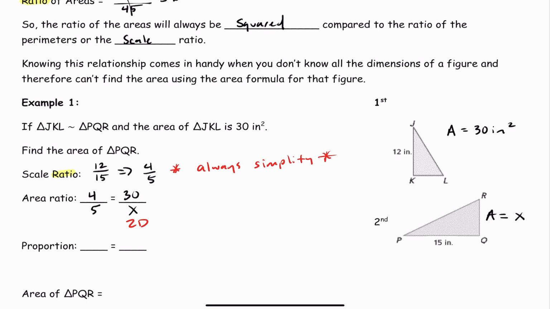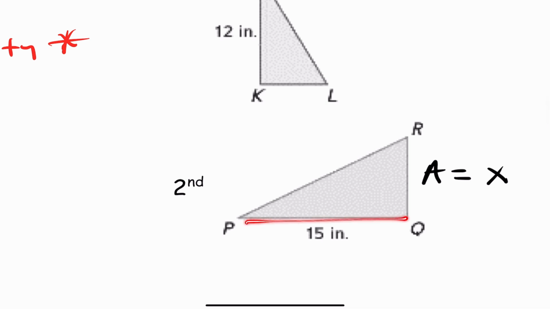30 over x. Now that's 4 over 5. Is this ratio one-dimensional or two-dimensional? One-dimensional, why? Yeah, because look, we have a line segment for this first part and a line segment for this second part, right? Line segments are one-dimensional. So I am writing a ratio between one part to another, right?